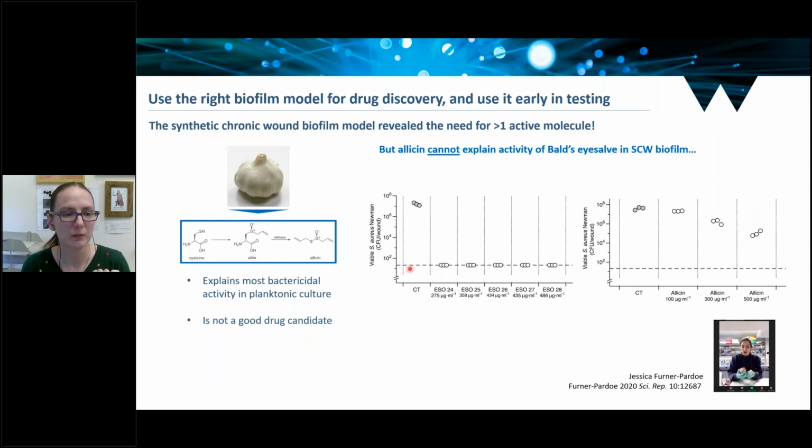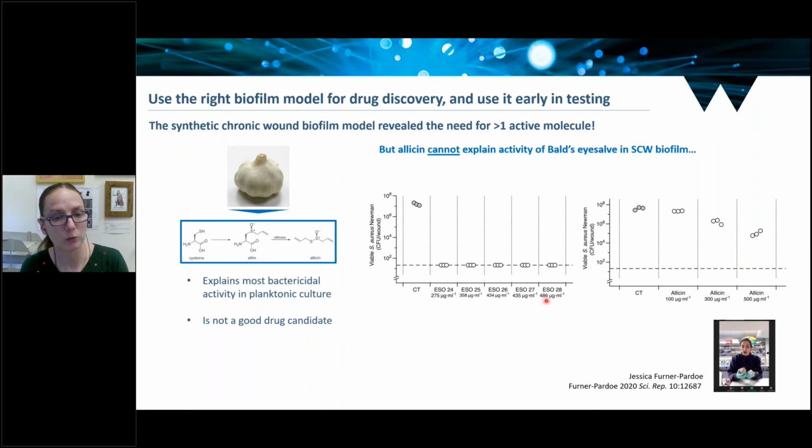What Jess did was she tested several batches of the natural product iSalve against Staphylococcus aureus in the synthetic wound model. Here's data from 5 independent preparations which Jess made, and they all completely clear a mature biofilm of Staph aureus. Jess then quantified the amount of allicin present in each of those preparations.